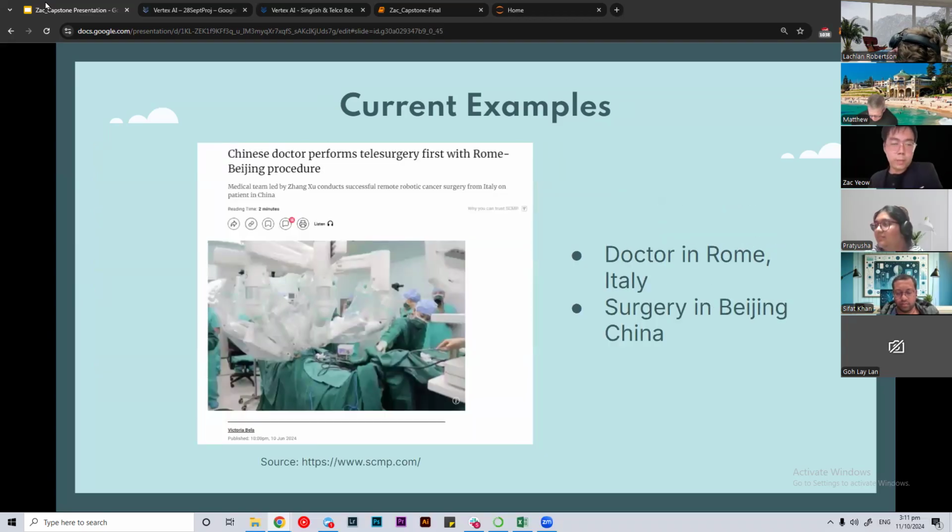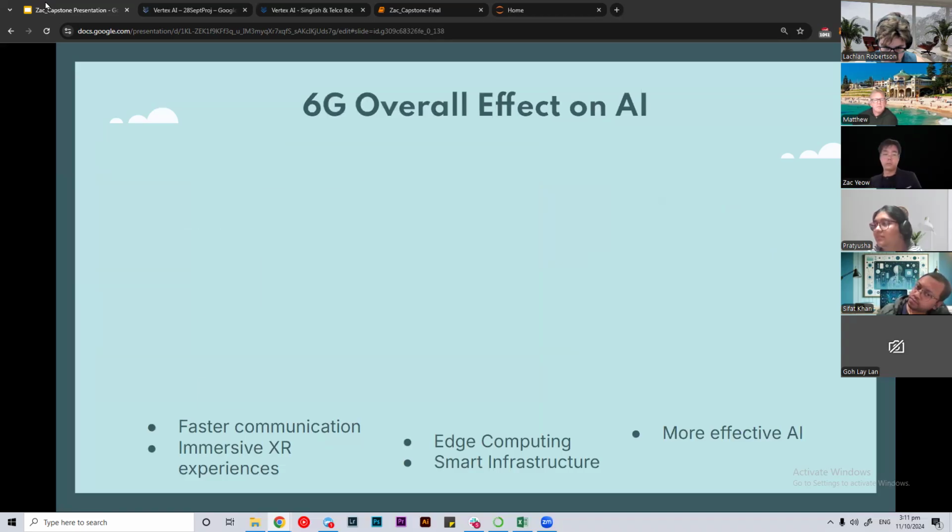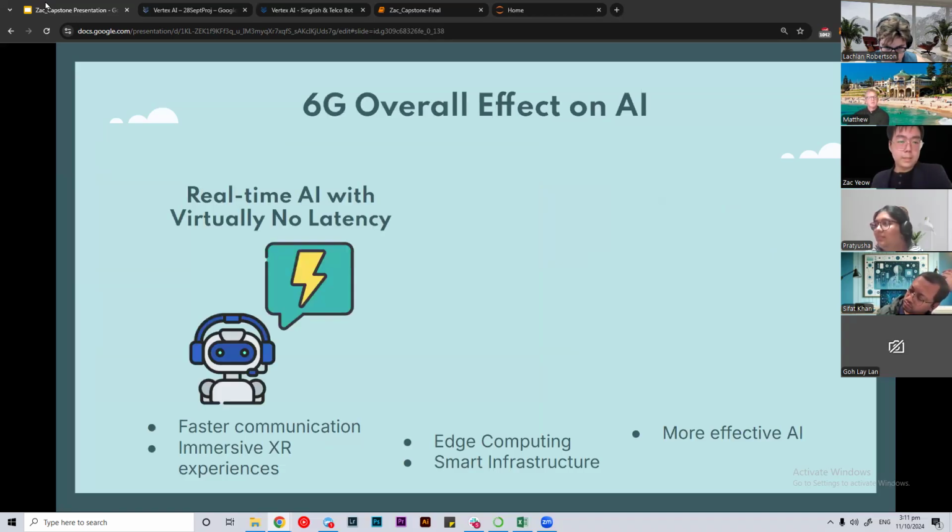The more recent one, in terms of 4G going to 5G, was telesurgery. There's this doctor in Rome, Italy, and he did a surgery in Beijing, China. I thought that was quite an interesting feat in terms of the movement of technology. In terms of AI capabilities, when we get 6G, it's really about real-time AI with virtually no latency.